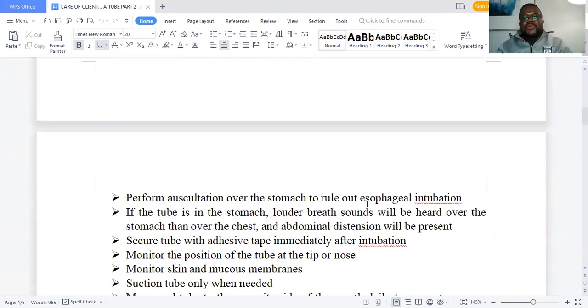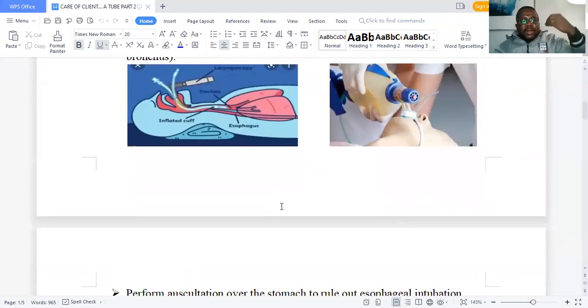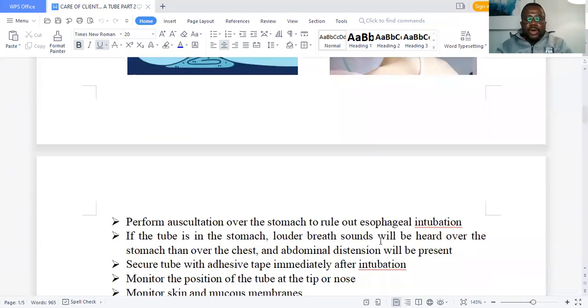That's what we call esophageal intubation. It means you instead passed the endotracheal tube through the esophagus. You did not pass it through the trachea. It instead went into the esophagus, and that's what we call esophageal intubation.